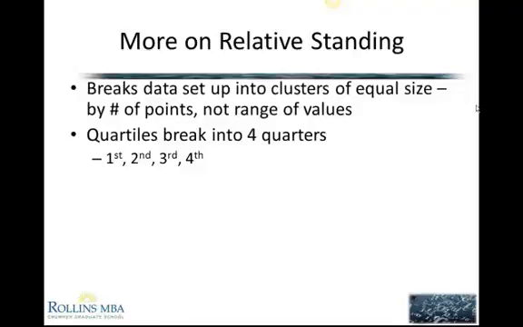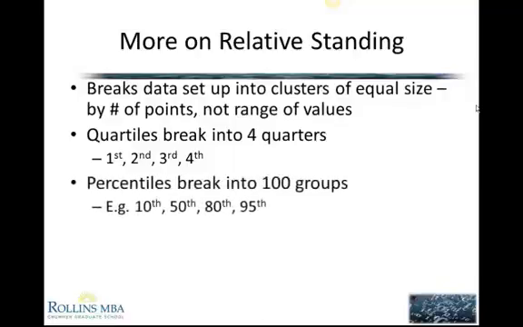The third quartile value is that value that has 3 quarters of the observations falling below it. The fourth quartile value has 4 quarters of the data falling below it. So that would correspond to the largest value in the data set. And so on. So that's quartiles, the name quart implying we're breaking the data set up into 4 clusters with an equal number of points in each cluster.